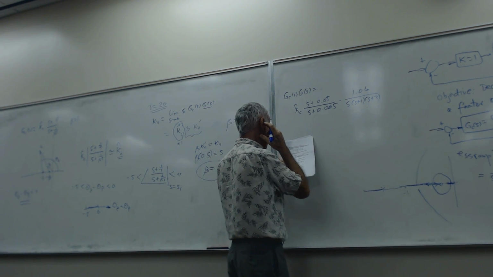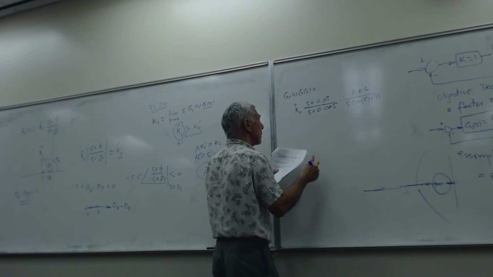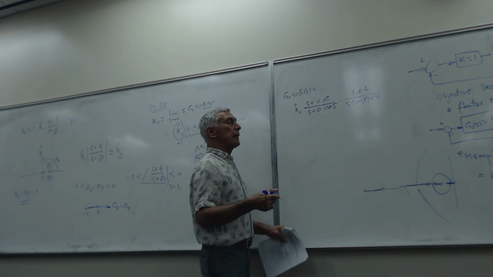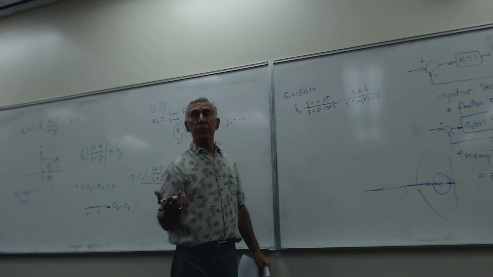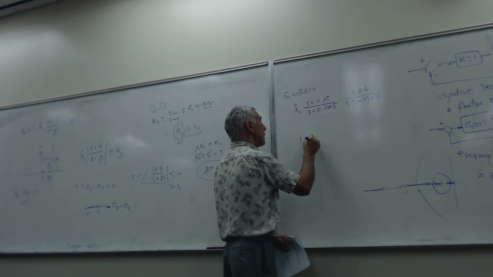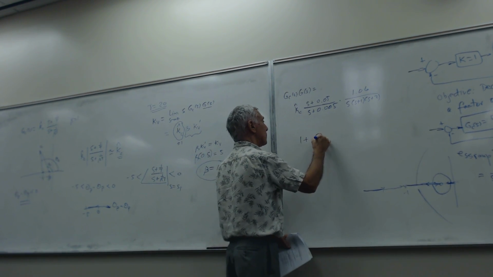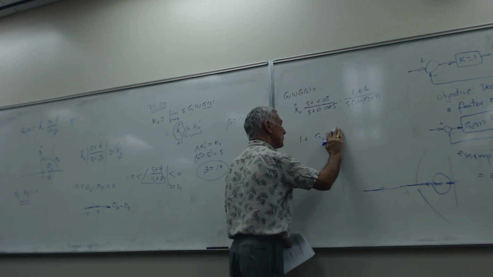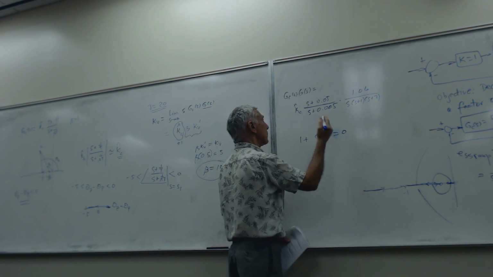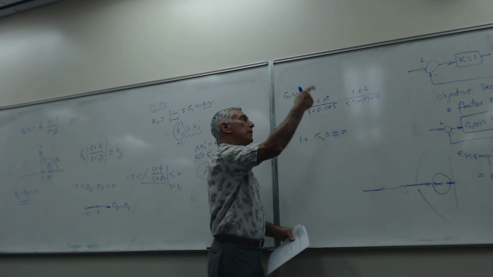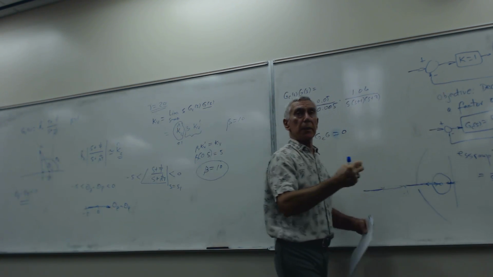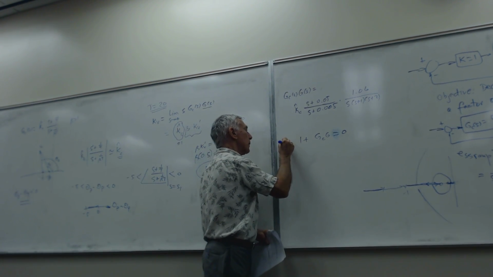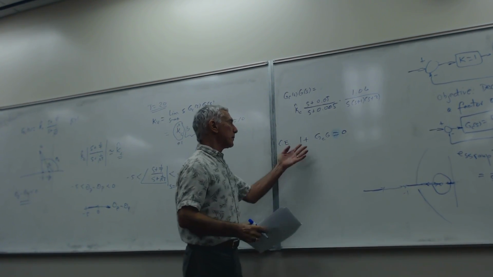So this is the open loop transfer function, and we know the characteristic equation is 1 + GcG = 0, since H is equal to 1.